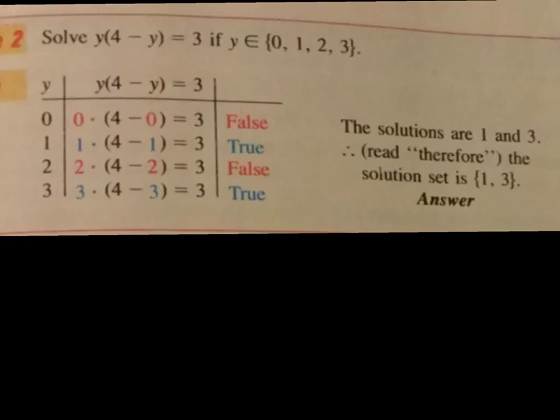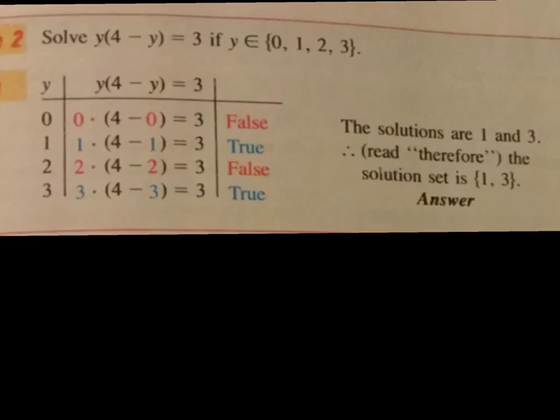And so this whole problem has two solutions, 1 and 3. So the solution set is going to be two numbers from the original set, 1 and 3. This is the domain, the options or the possibilities to try. This is the range, or the two numbers that actually make the problem true.